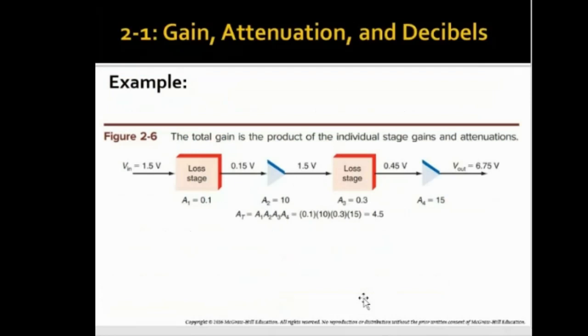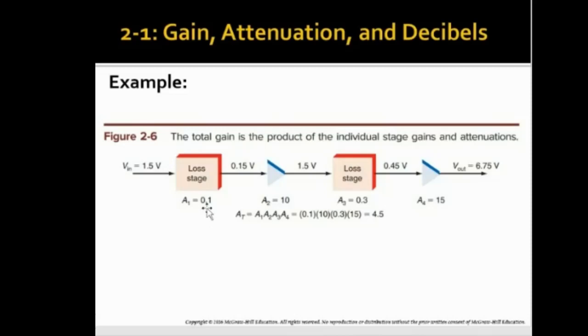Okay, so one more example. I have now a system with a few losses and gains happening in it. Let's see how to solve this. I have an input of 1.5 volts. I have one stage with a loss of 0.1 attenuation.